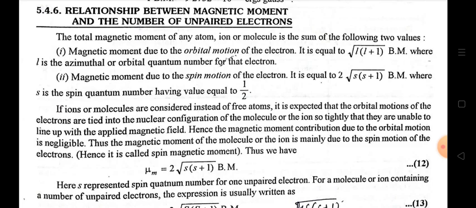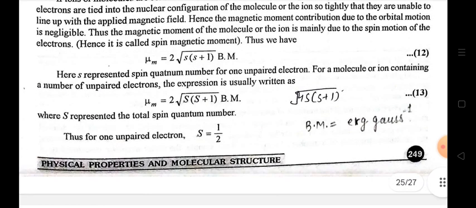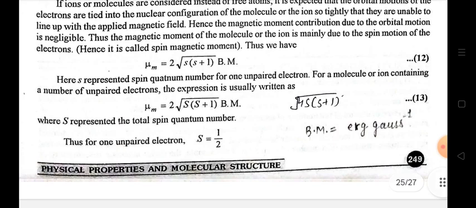Thus, we have mu m is equal to 2 times the square root of S into S plus 1 Bohr magneton, equation 12. Here, S represents the spin quantum number for one unpaired electron. For a molecule or ion containing a number of unpaired electrons, the expression is usually written as mu m is equal to 2 times the square root of S into S plus 1 Bohr magneton, equation 13, where S represents the total spin quantum number.